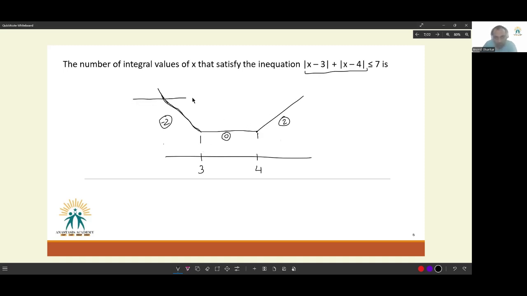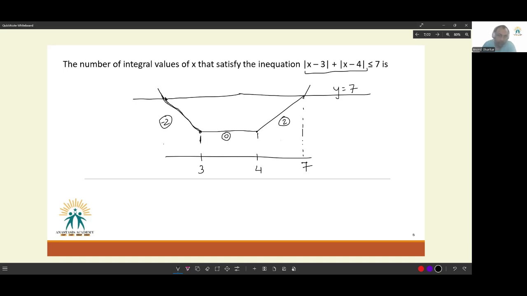Now, y equal to 7 line will be like this. This is the y equal to 7 line. From 1 to 7 at the rate of 2, you have to take 3 steps. So this will be possible when we get to 3 steps to the right of 4, which gets me to 7. Similarly, from 3, the value here is 1.